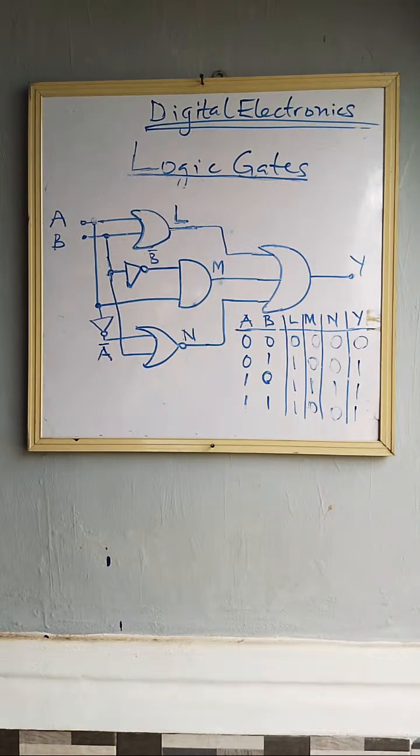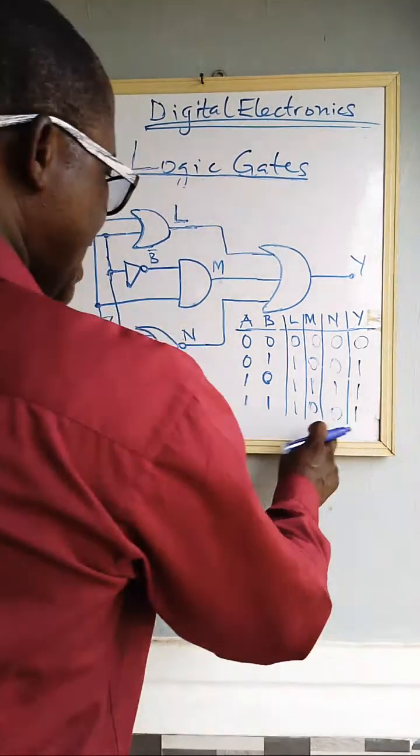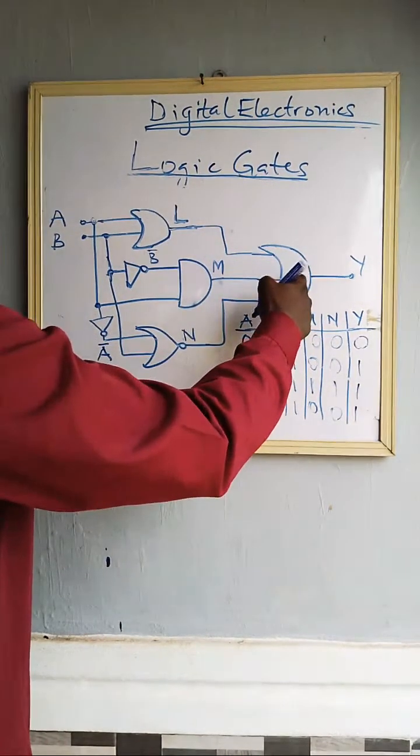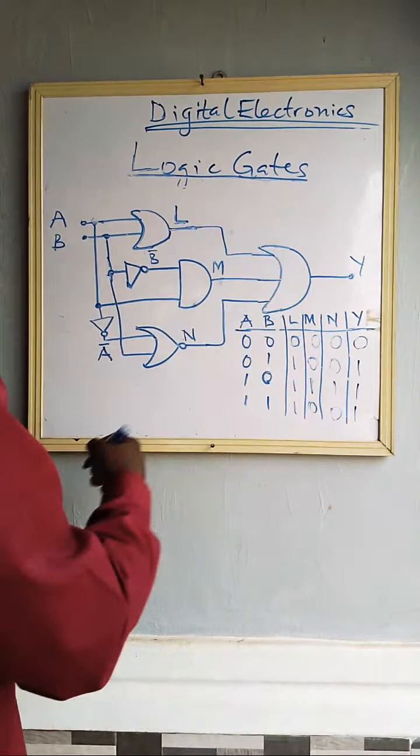Okay. Now, we can also write out the Boolean expression for that. Let's write out the Boolean expression for this. Here is an OR gate, not an AND gate any longer.